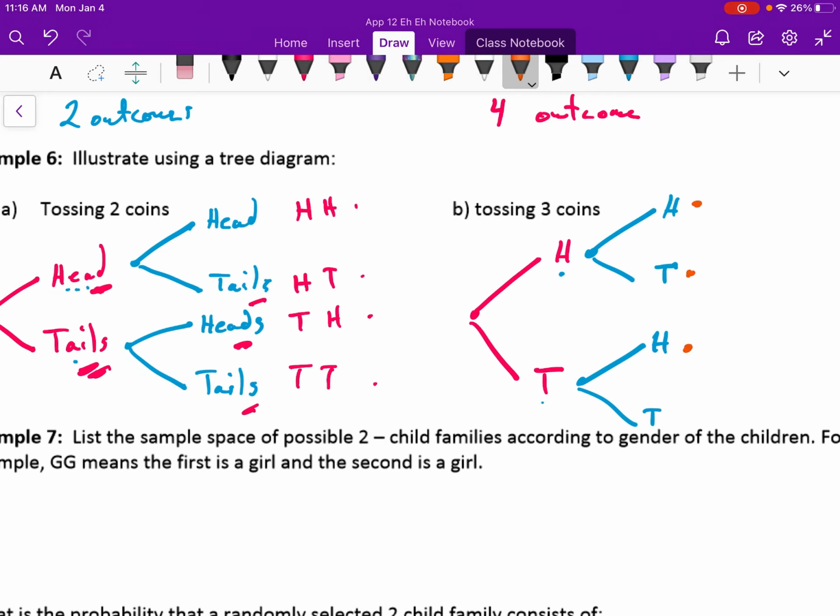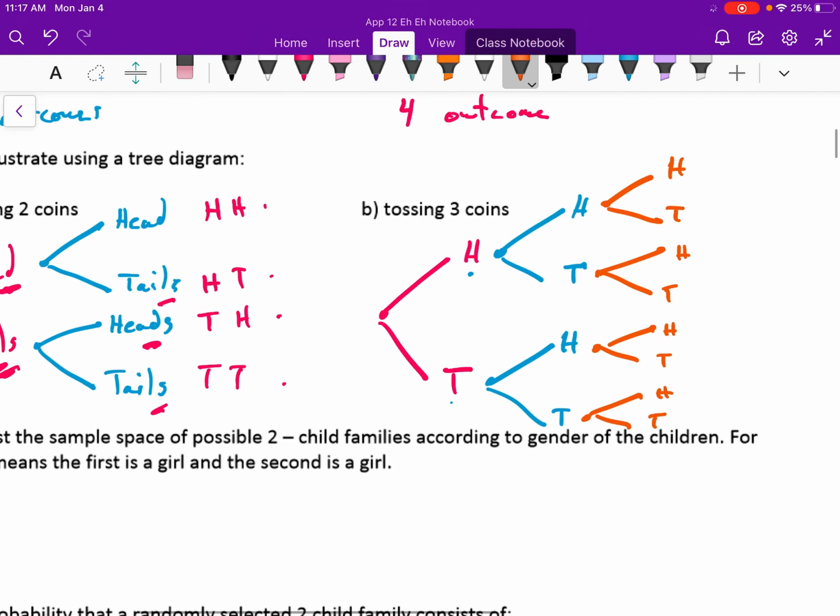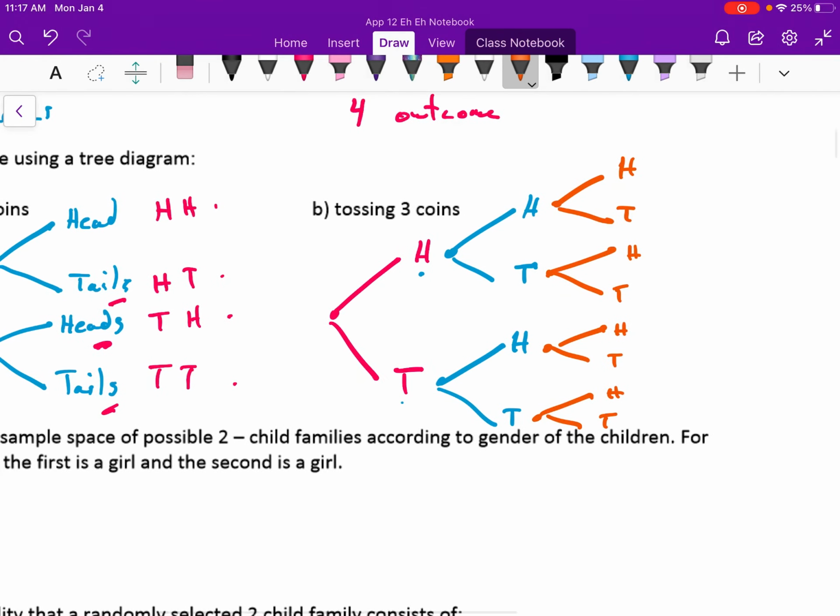Now I'm going to have 4 different outcomes for flipping two coins. So now I have to flip a heads and a tails, for each of them. So flipping 3 coins, there are 8 possible outcomes.